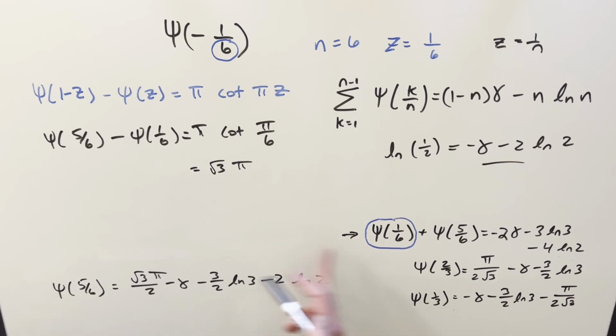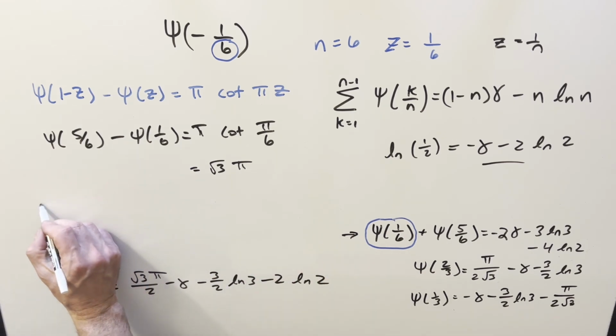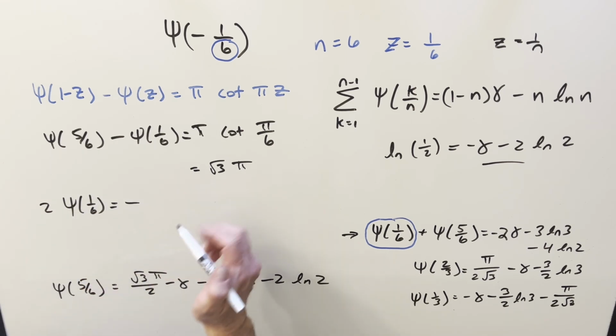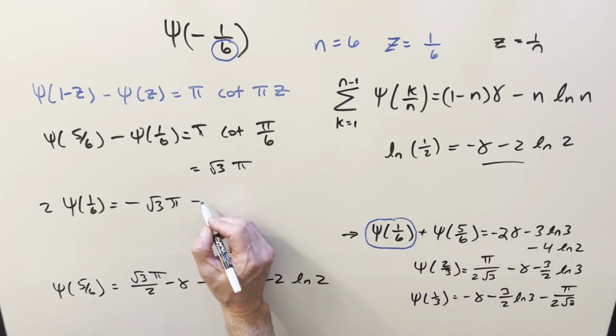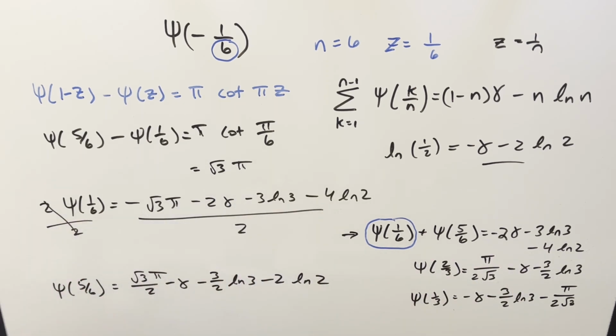Okay, next we'll take this equation, subtract this one. Digamma 5/6 cancels. What we're left with is 2 times digamma 1/6. We're going to have minus this, and then all this stuff over here. Divide by 2 on both sides. And then this thing here will be our value for digamma 1/6.